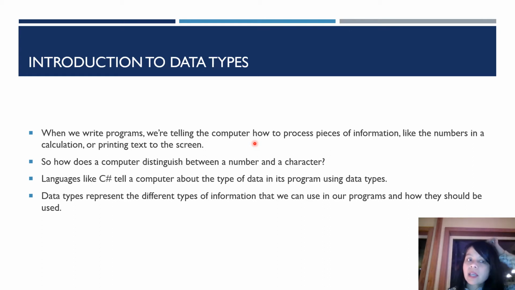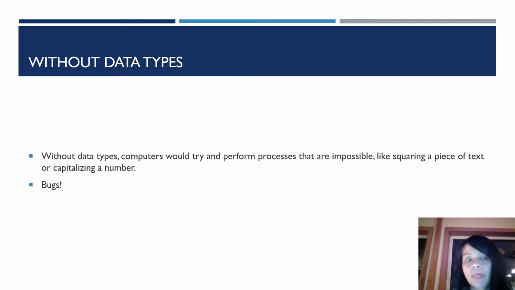So how does a computer distinguish between a number and a character? Well, languages like C# tell a computer about the type of data in its program using data types. Data types represent the different types of information that we can use in our programs and how they should be used.